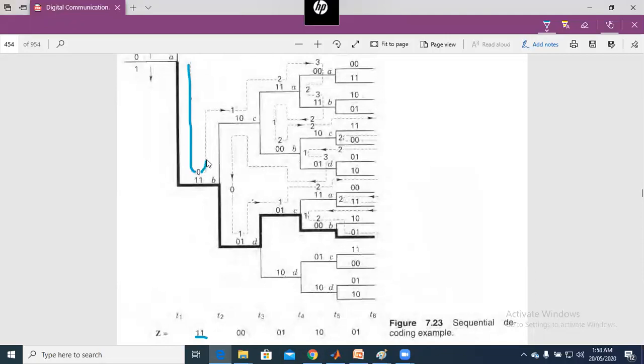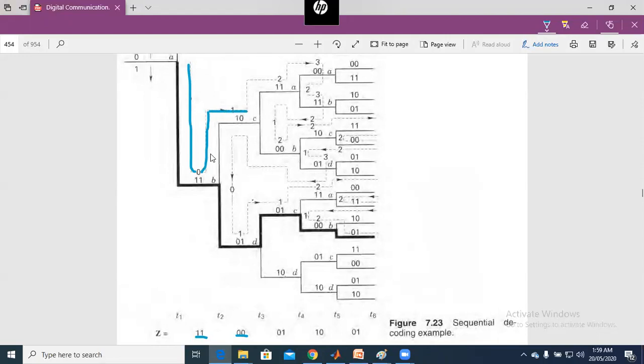In the next step, we decide whether we move up or down. Here the decision is that the transmitted bit sequence is 0, 0. In both cases, we have the minimum Hamming distance 1. So arbitrarily, we choose 1 and we move up.